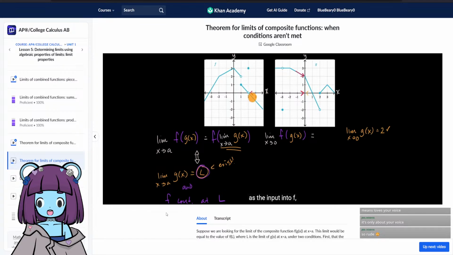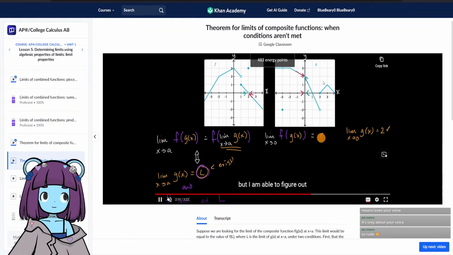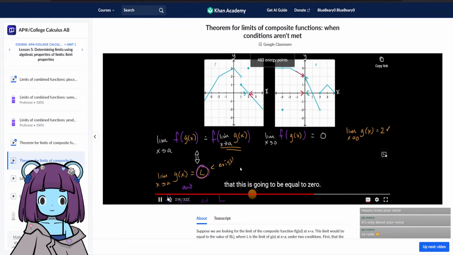Like a different way to look at it? So is it still 2 because it's approaching 2, or what?